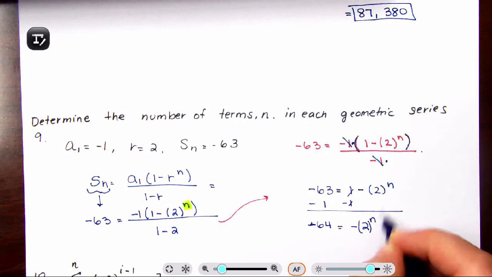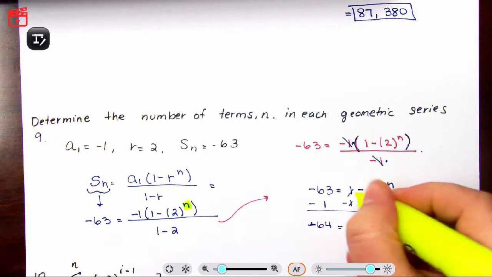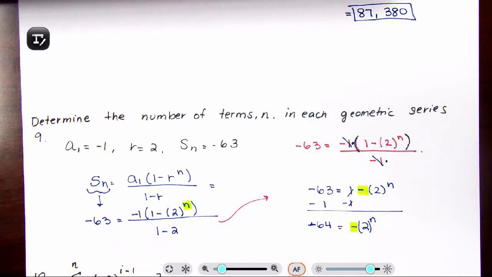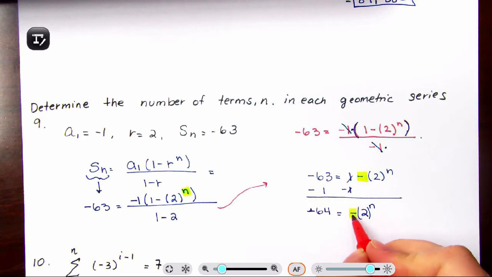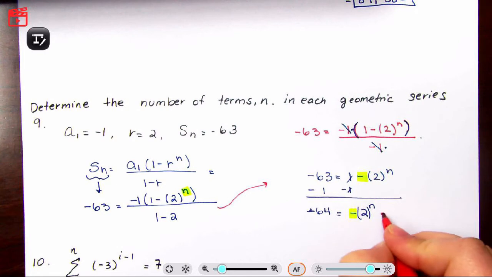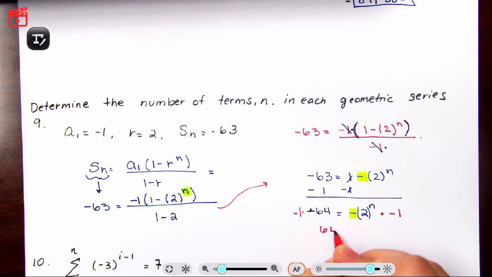Notice this negative is on the outside. This is super duper important. In order to do anything with our exponent, it has to be the only thing there. Because we have a negative on the outside of the parentheses, we need to get rid of that negative by multiplying or dividing by negative 1. So that means now I have positive 64 is equal to 2 to the n power.